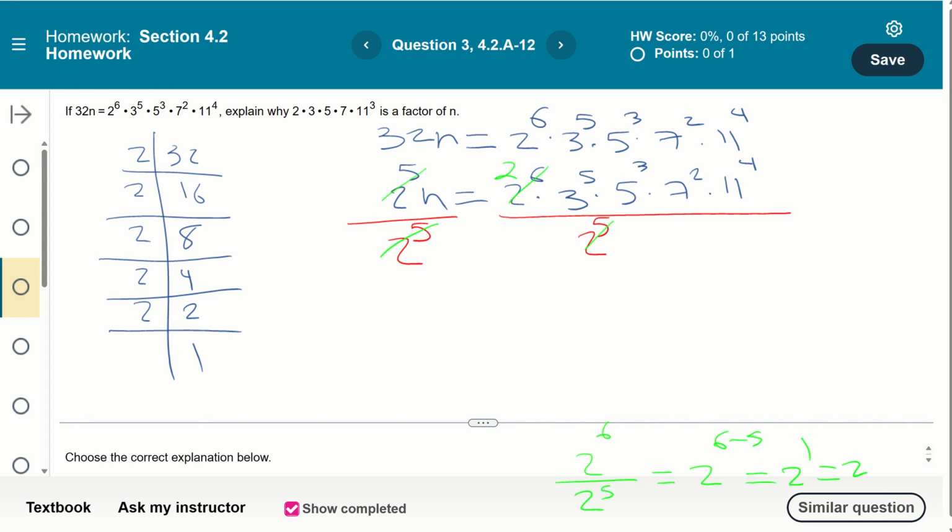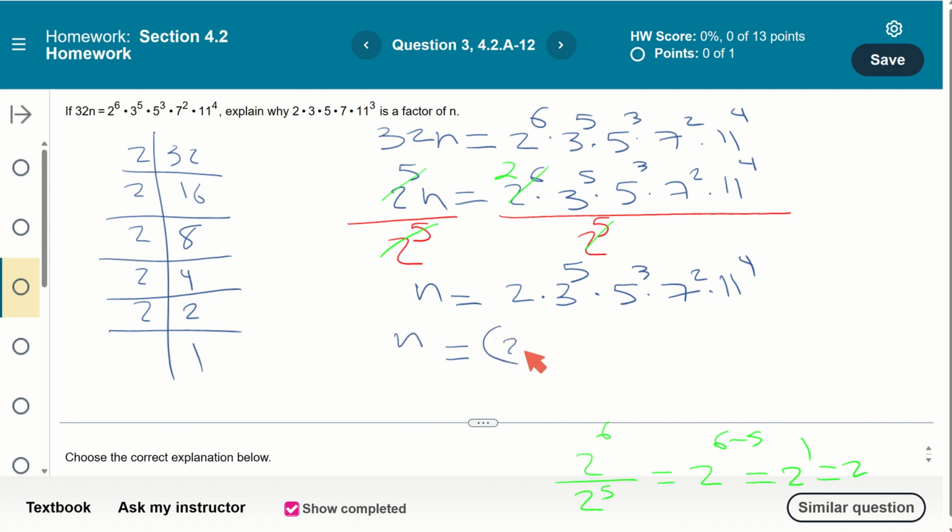Notice that now I get n equals 2 times 3 to the 5 times 5 cubed times 7 squared times 11 to the 4. Now, if I'm going to show that this expression here is a factor of n, I need to be able to write that n can be written as that number.